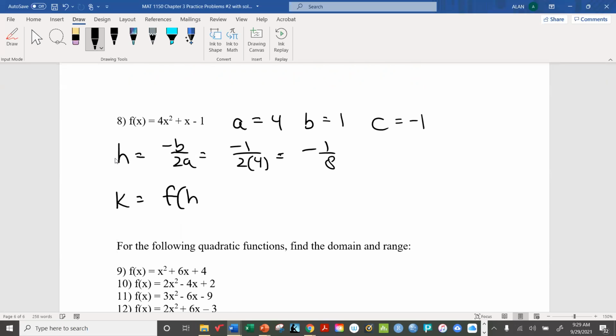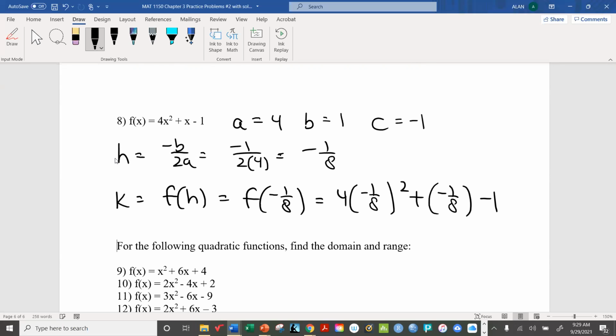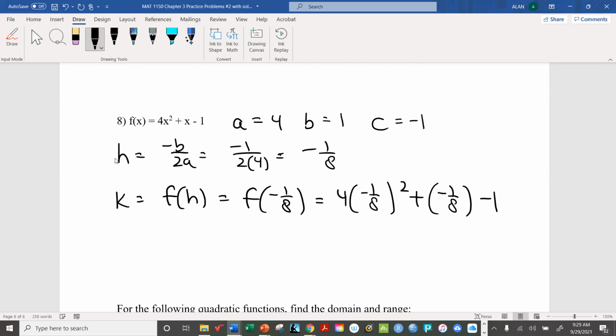This is f of h. So 4 times negative an eighth squared plus negative an eighth. And then we have 4 times, this is 1/64. Oh, this one's going to be a mess.